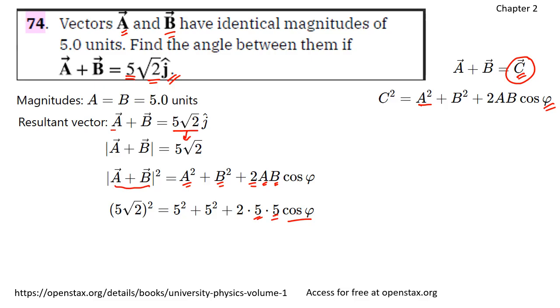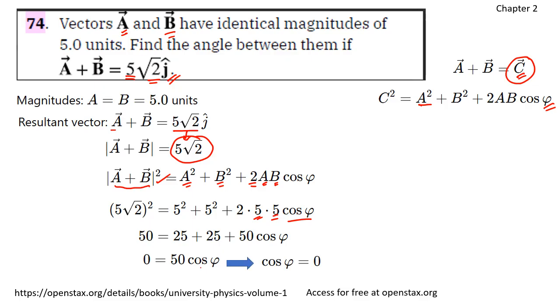We already know the magnitude of A plus B is 5 root 2, and that is squared here. So solving this, basically 50 is equal to 25 plus 25 plus 50 cos phi, which gives you 0 equal to 50 cos phi. So cosine phi is equal to 0, or phi is equal to 90 degrees. So the angle between A and B is 90 degrees.